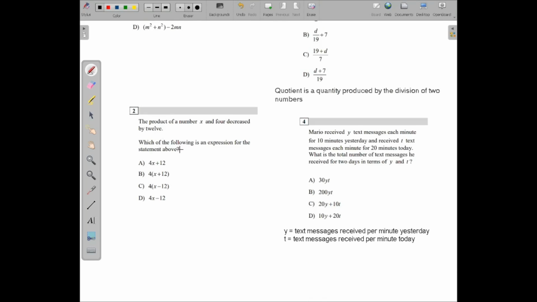Number 2. We have again another statement and we need to find the expression. This says the product of a number x, and the product means multiplication, remember, and 4. The product of a number x and 4 is decreased by 12.